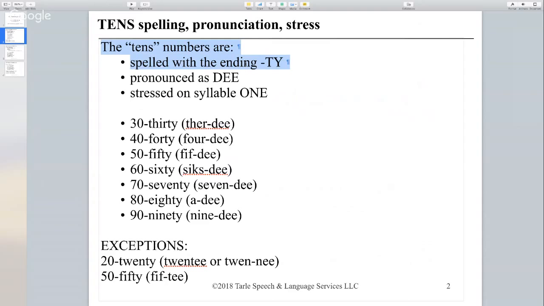So we are going to pronounce that TY as D. So to say the D ending, you're going to smile, D, and make sure that vowel is nice and long. The mistakes that I hear are that people will say T, or they will make that E too short. You want to make it nice and long.